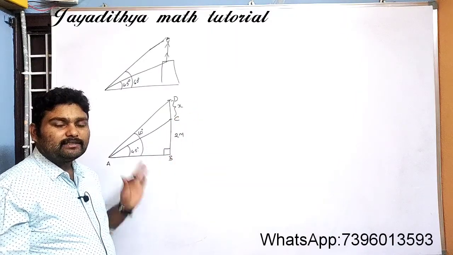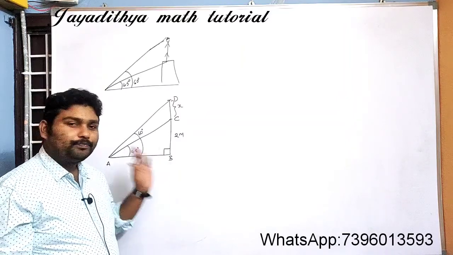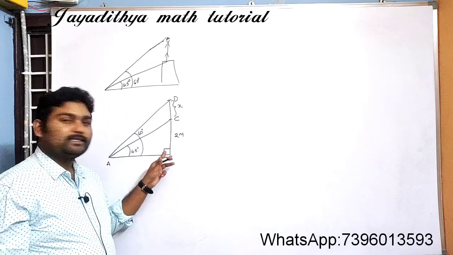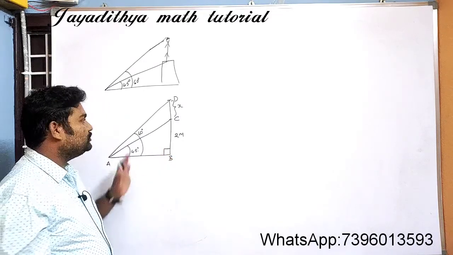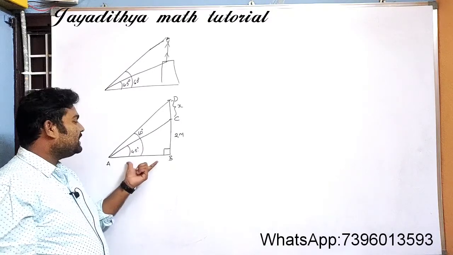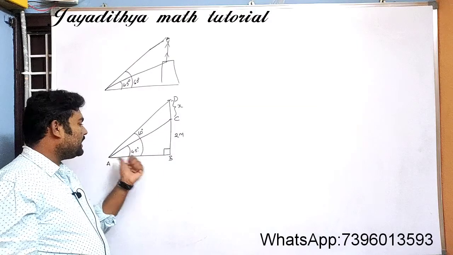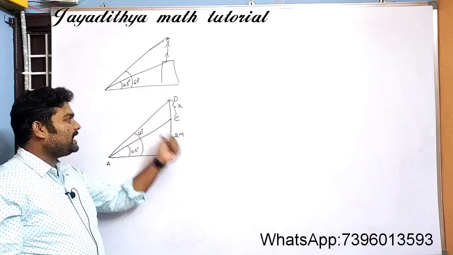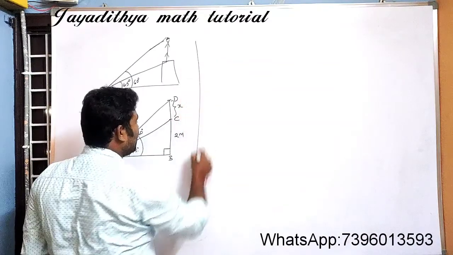So take the triangles in such a manner. In each triangle you should have a right angle, and you also see the common side in both triangles. AB is common for ABC and also ABD.